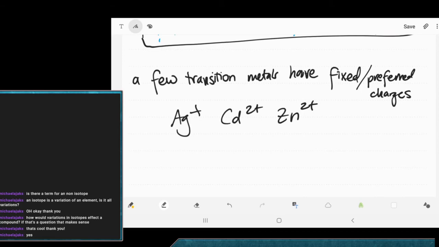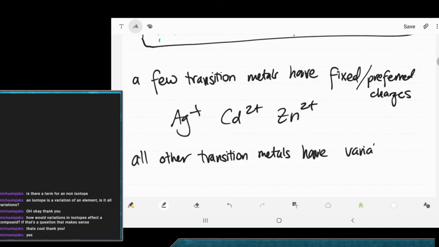They do not have multiple charges, but all the other transition metals often have at least 2. I guess we can't say preferred because they have variable charges. So all other transition metals have variable charges.